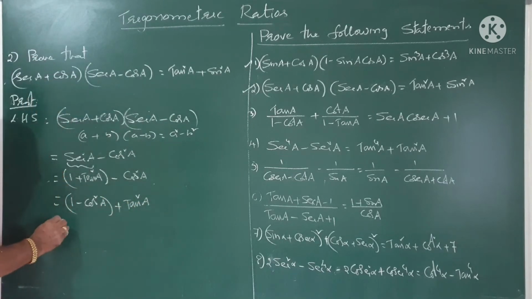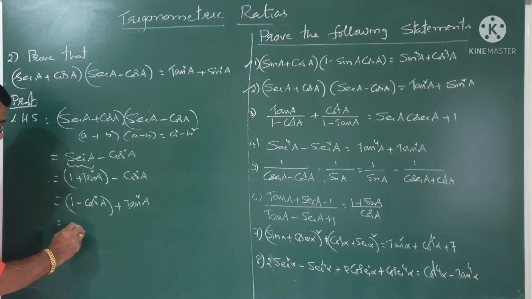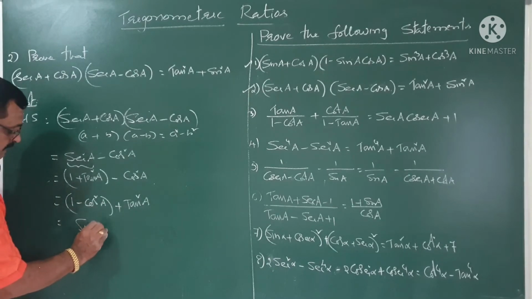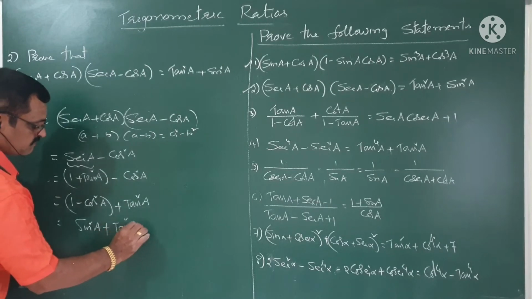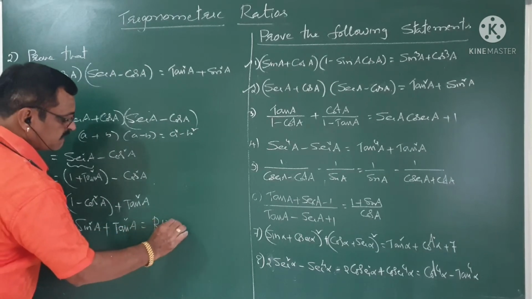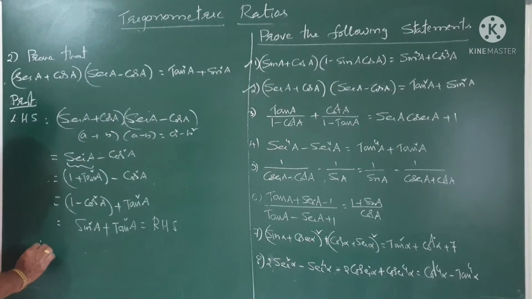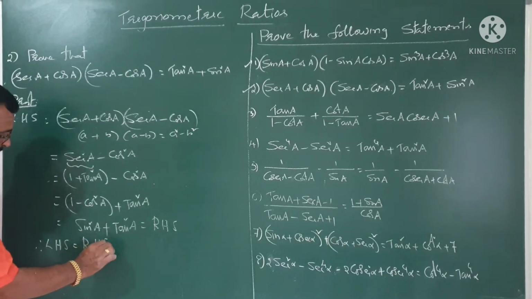So, we have 1 minus cos square A, which is nothing but sin square A, and this is tan square A. So, in this way, we got the right hand side. Therefore, LHS is equal to RHS.